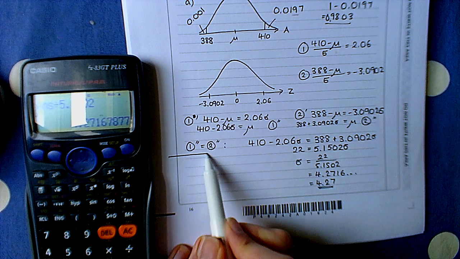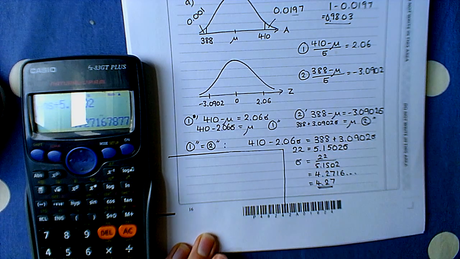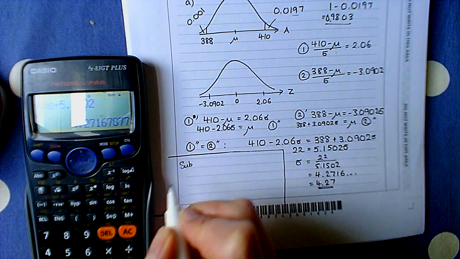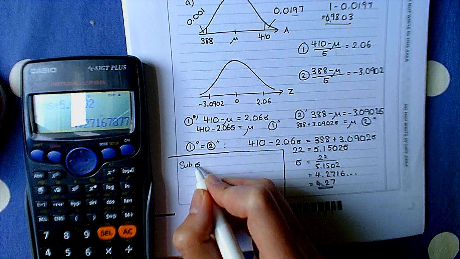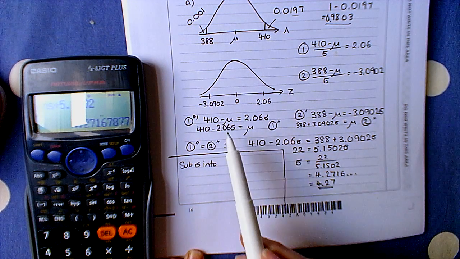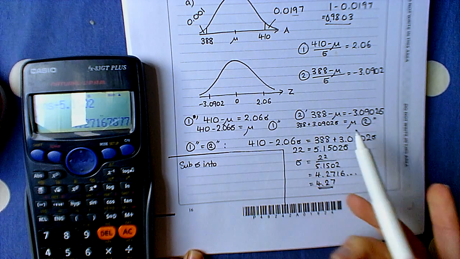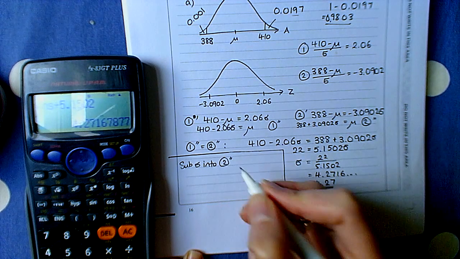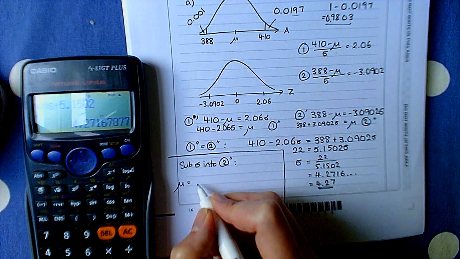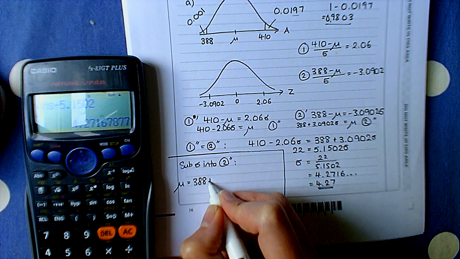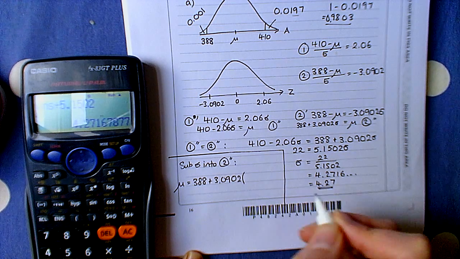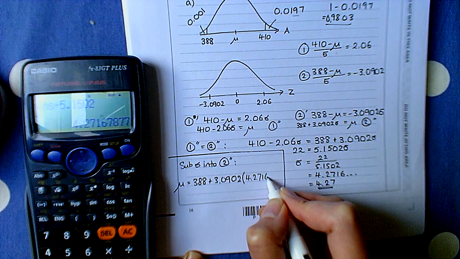I can come over to here and I can substitute sigma into, now I could pick either of these, it won't make any difference at all, so let's pick 2 double dash. Then I can say that mu would equal 388 plus 3.0902 multiplied with 4.2716.